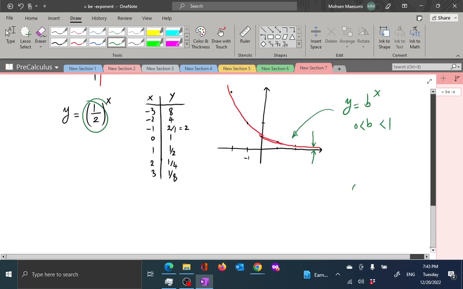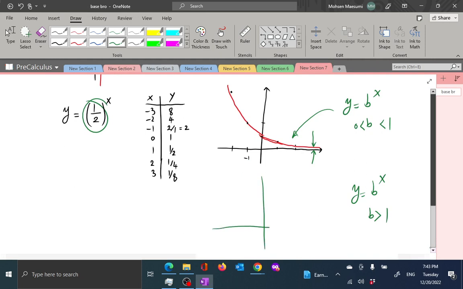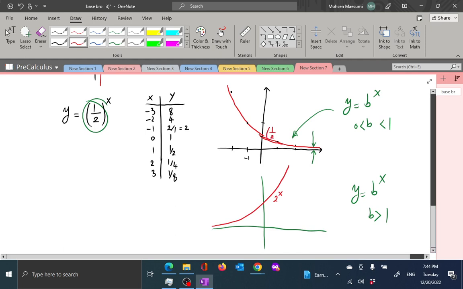If you had y equal to b to power of x, but b was larger than 1, then the graph of it would look like this. So that would be like an example of 2 to the power of x. This would be an example of 1/2 to the power of x. So let's keep that in mind as we move forward.